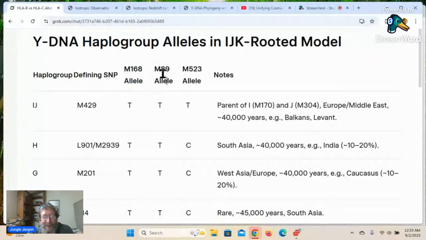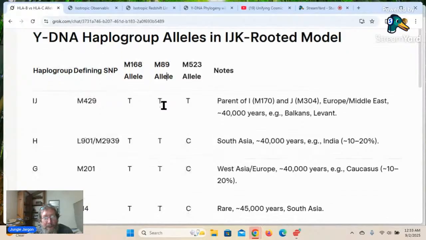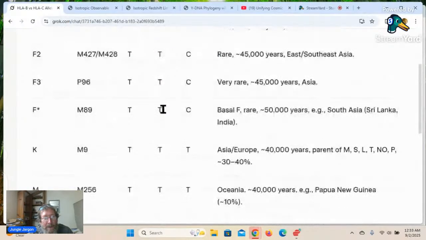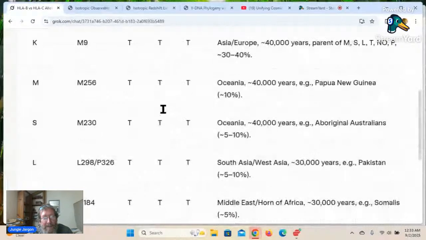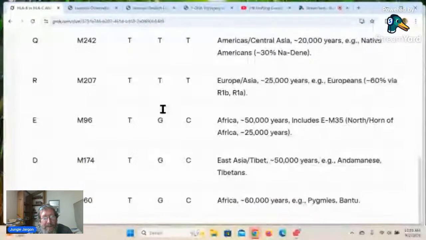For what it's worth, I don't know, but this is the way it works. M89T for IJ. This is the basal original allele. That goes all the way through K, M, S. And where does it change?